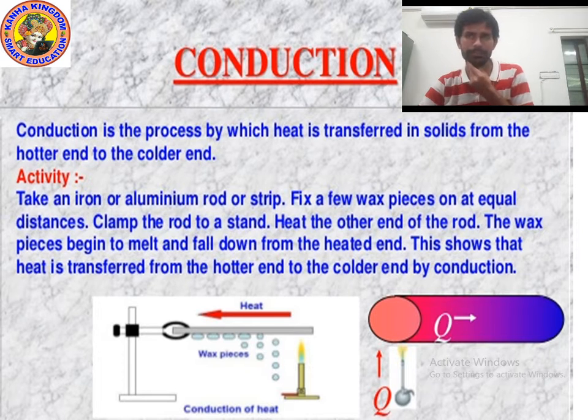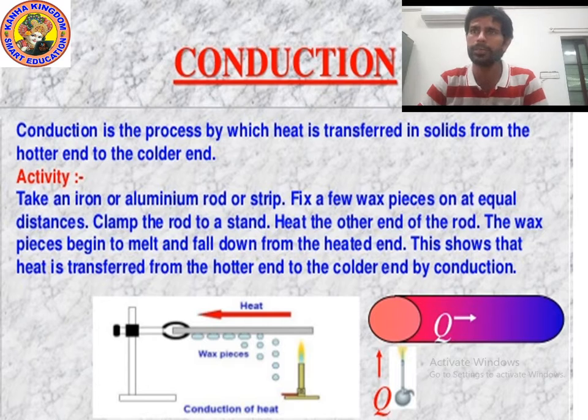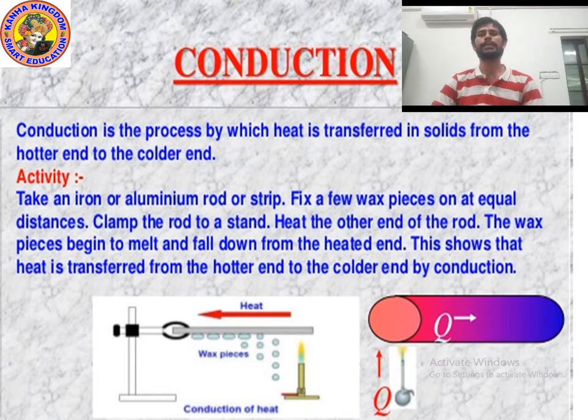You can see the activity. You can take an iron strip or an aluminum strip, fix wax pieces at an equal distance, and clamp the rod to a stand. Then when you start heating one end of the rod, what will happen? The wax pieces begin to melt and fall down.